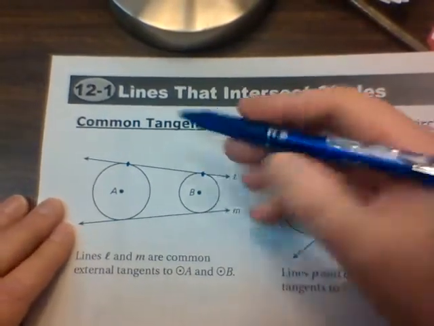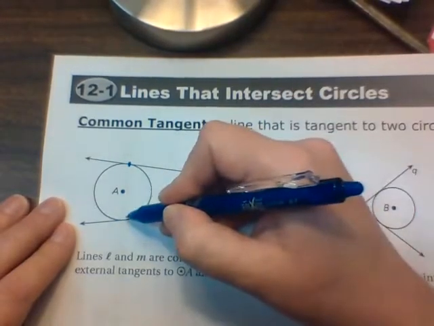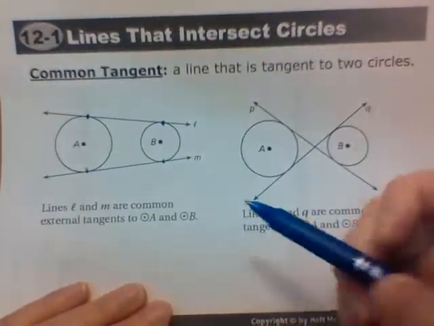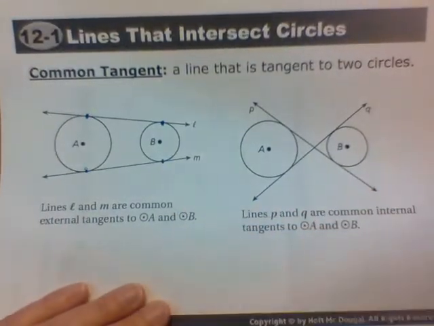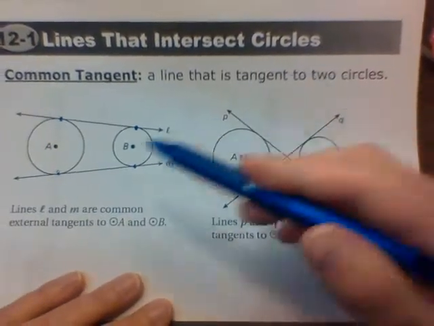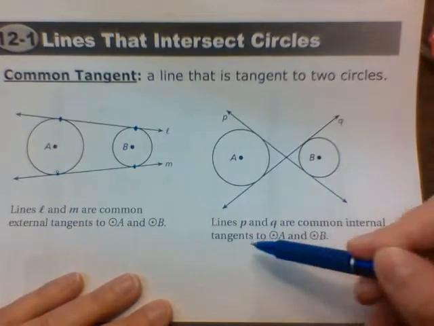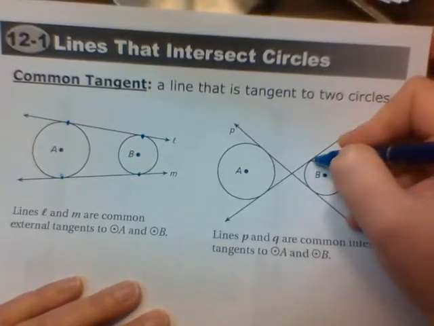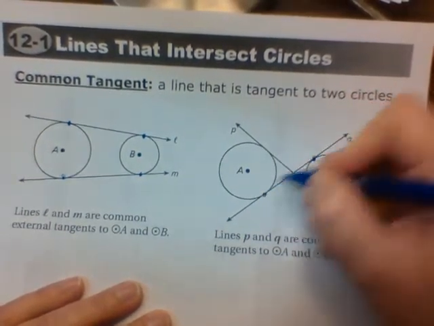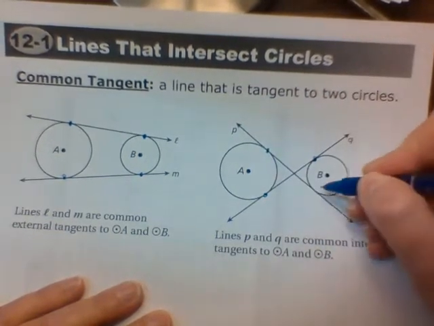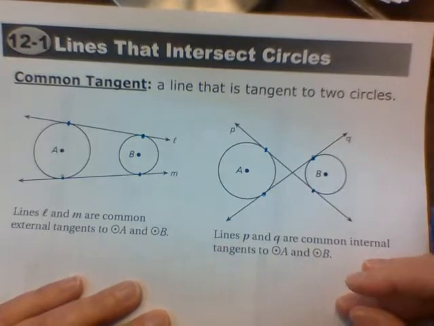And then we've got line M, which also touches at these 2 points, and maybe eventually you'll have to find the equation of that line. And they have common external tangent points. Super. Then instead of having the outside points, you could also have internal tangents. So that just means that the lines, if they were to go through, would go between the 2 circles versus on top like the other ones did. So again, these would be all of your common points of tangency there.